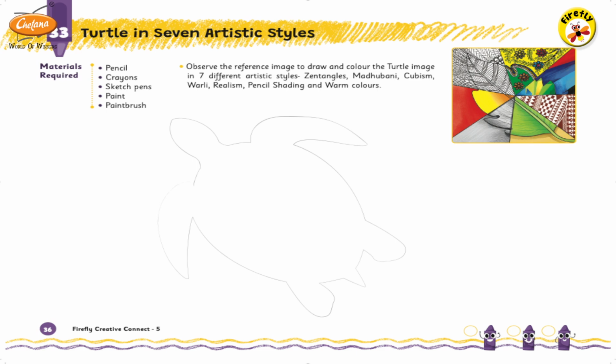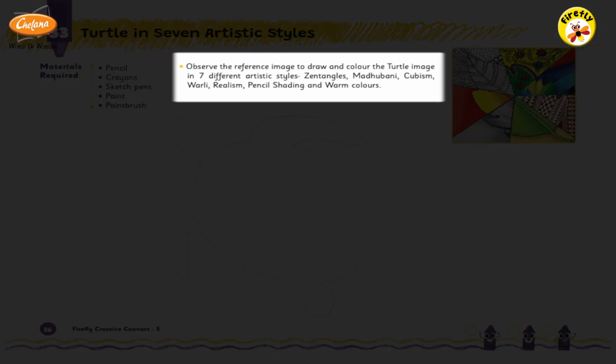And the styles that are recommended are Zentangles, Madhubani, Cubism, Varli, Realism, Pencil shading and warm colors. These are all the different styles that they have learned before, and now they have to incorporate it in one drawing.